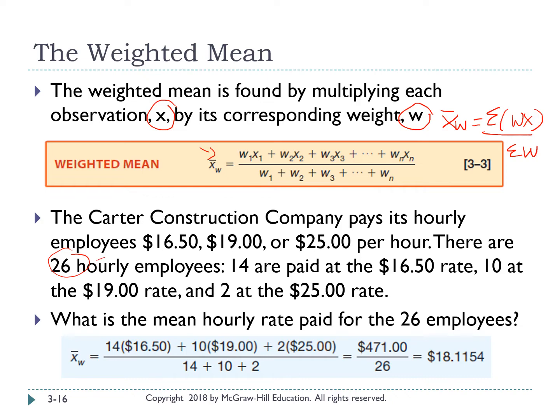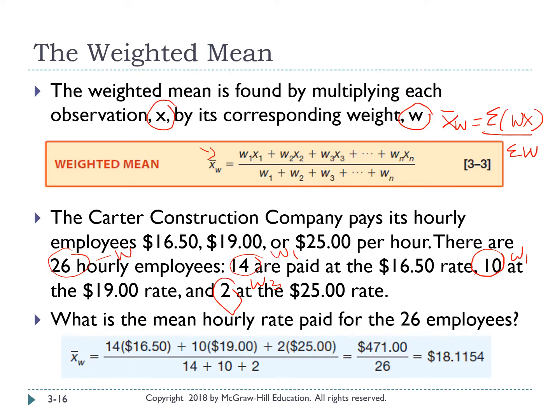It is your weight. Okay, remember this is your weight. So 14 are paid at 16.5. This is your first weight. And then 10, this is your second weight at $19, right? And 2, this is your third weight.